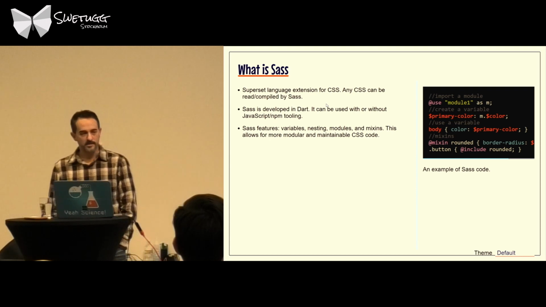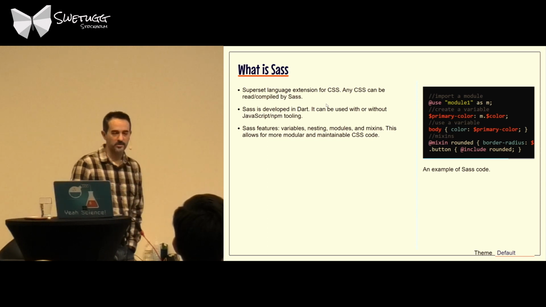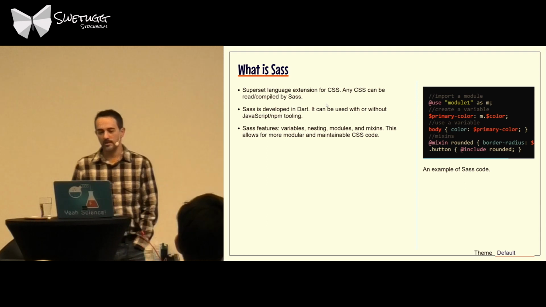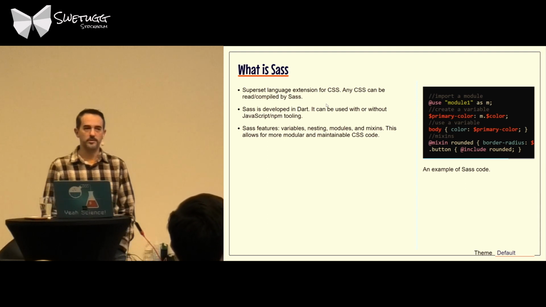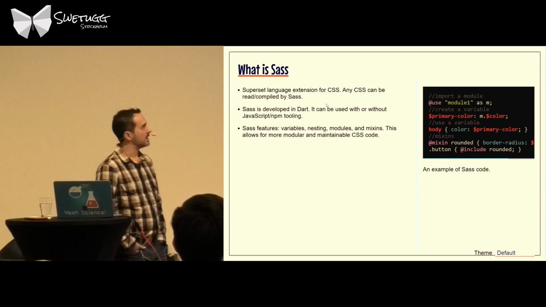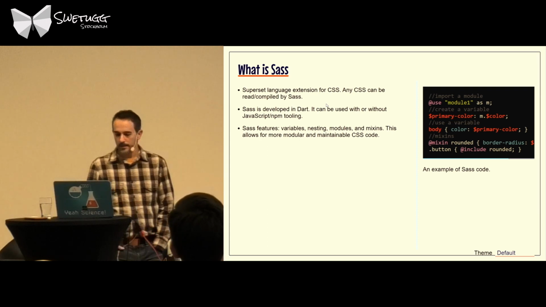So the Sass executable now is written in Dart. There's also a JavaScript version, which has the same kind of performance limitations. So if you're running Sass, you might want to switch over to the Dart compiled code so you can get that performance that you get from Dart.